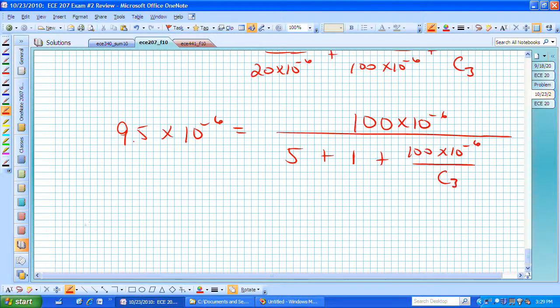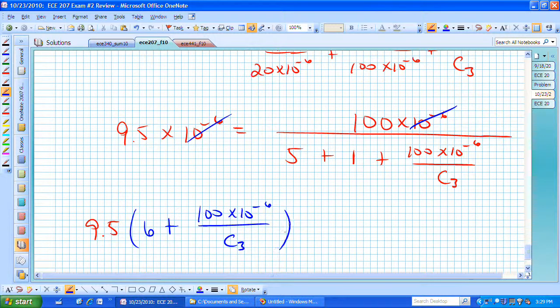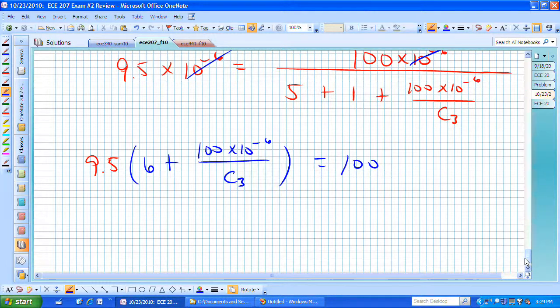We now have 9.5. We can cancel some of the 10 to the minus 6's. And we have 9.5 times 6 plus 100 times 10 to the minus 6 over C sub 3 is equal to 100. We can divide out the 9.5 and subtract 6.